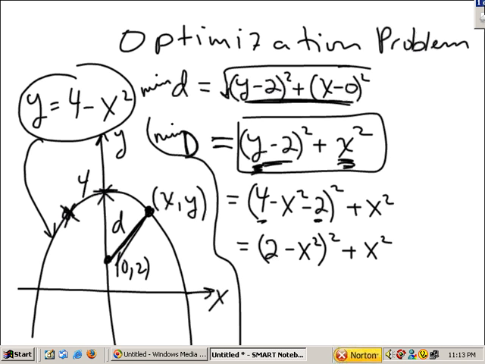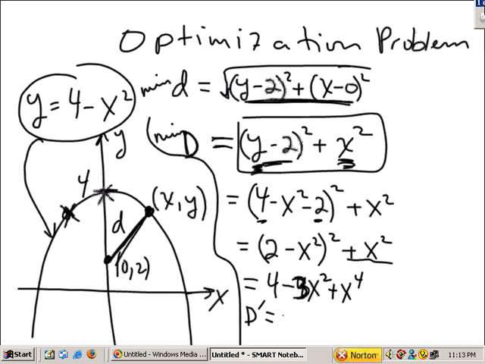You can use the power rule for the first term, but I prefer to just square it. (2 minus x squared) squared is 4 minus 4x squared plus x to the 4th, plus x squared. Negative 4x squared plus 1x squared is negative 3x squared. And this is what we're going to take the derivative of.